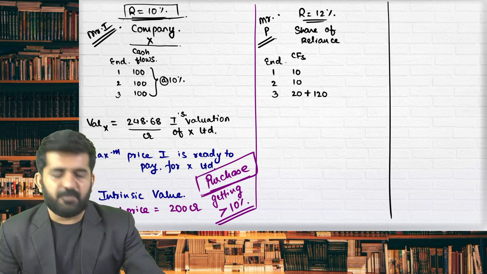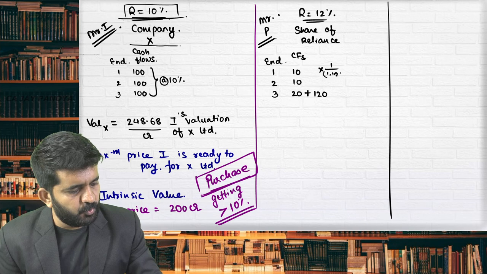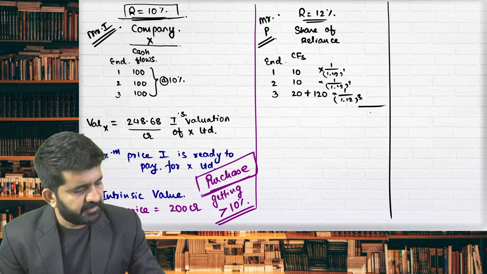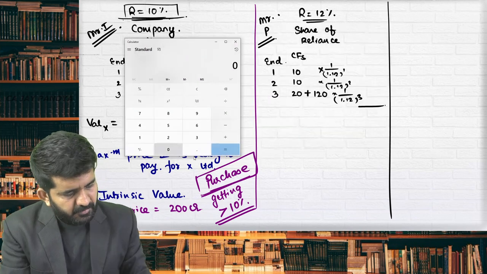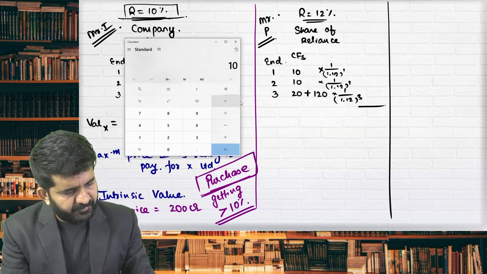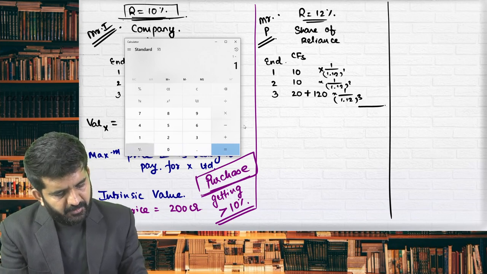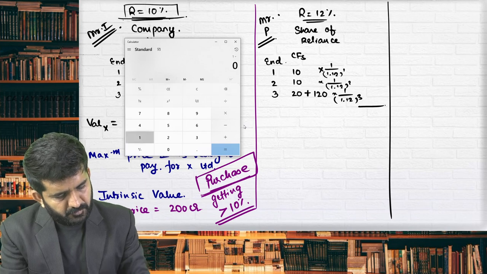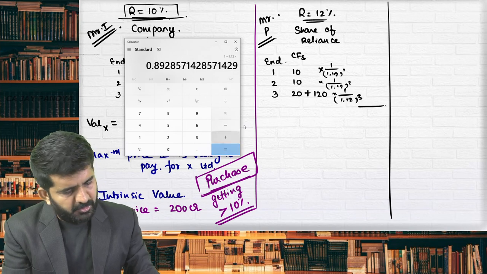What is his required rate of return? 12%. So my answer will be 10 into 1 divided by 1.12 raised to 1, plus 10 into 1 divided by 1.12 raised to 2, plus 140 into 1 divided by 1.12 raised to 3. I will be finding out all the answers in the calculator.